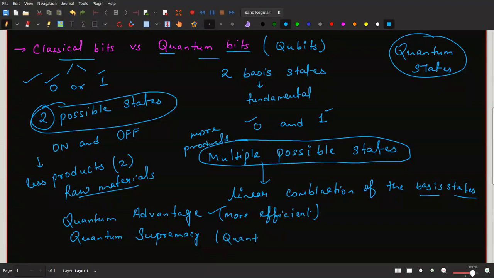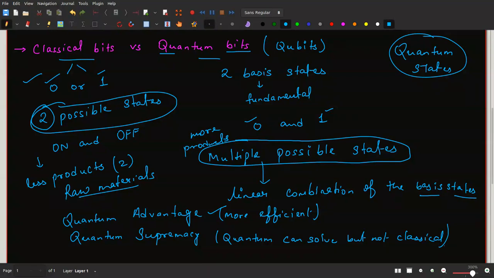I already told, but I'm just writing it. So quantum can solve, but not classical.